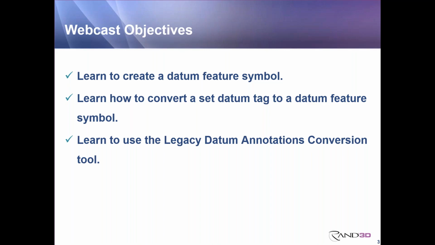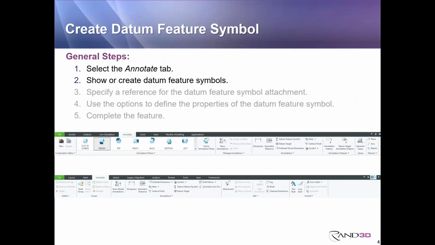Let's start by mentioning that a datum feature symbol, or DFS, is a regular standalone annotation. What I'm currently showing you is an image taken from Creo Parametric 7.0, and we're looking at the Annotate tab in the modeling environment.